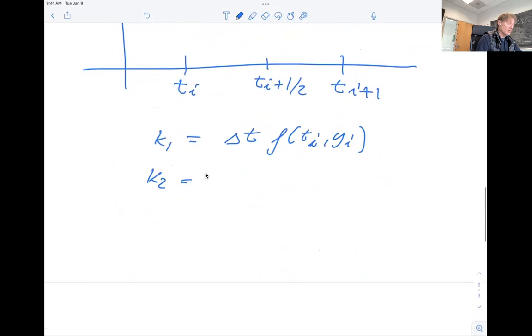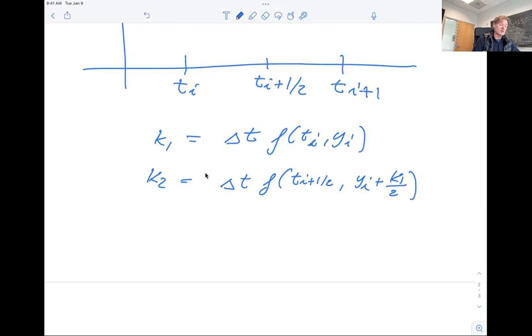And with that quantity, we can now make a new prediction where we have a quantity which we call K2, delta t times f of t of i plus 1/2, evaluated so that we can find y of i plus this K1 divided by 2, because we have half the step size. So we need to take delta t divided by 2.